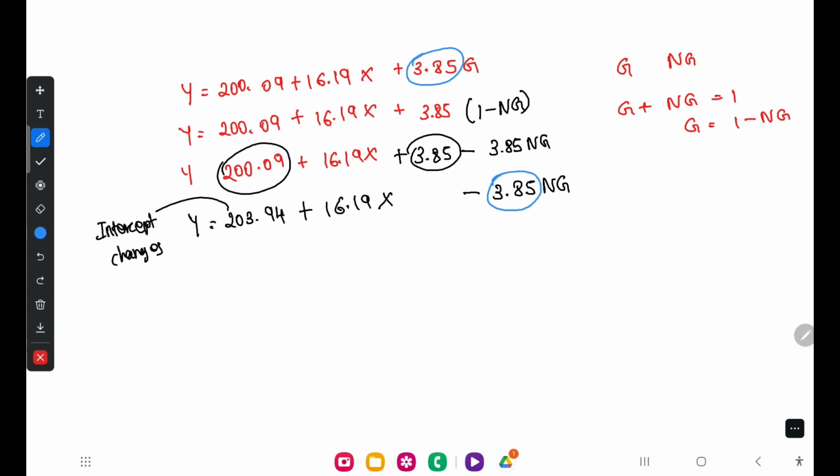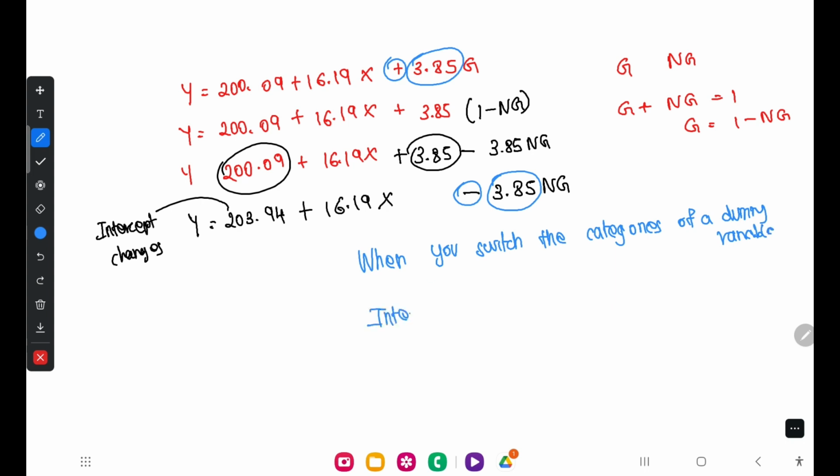But however, if you have clearly noticed, here it's a plus, here it's a minus. So what can you conclude based on this? When you switch the categories of a dummy variable, your intercept will change.